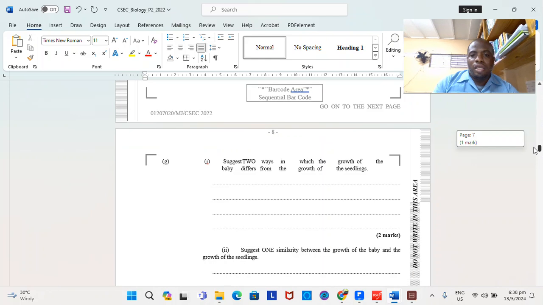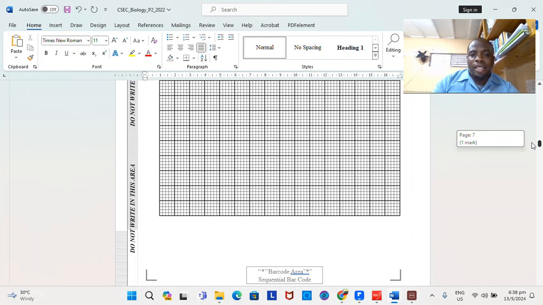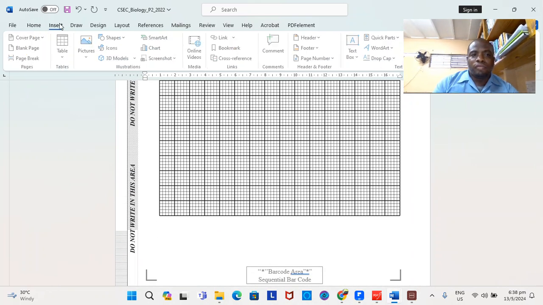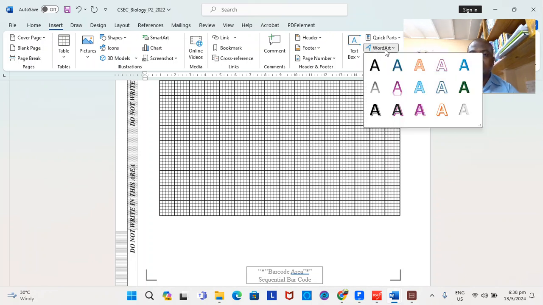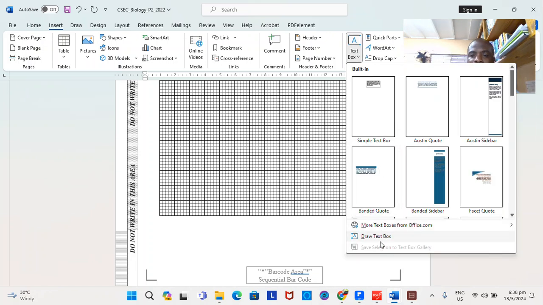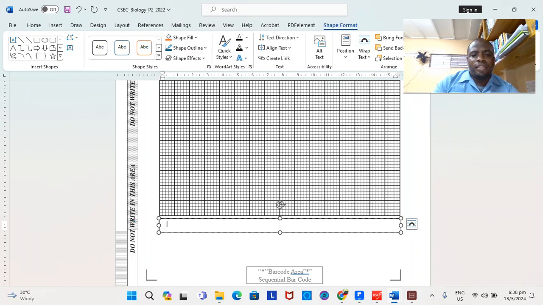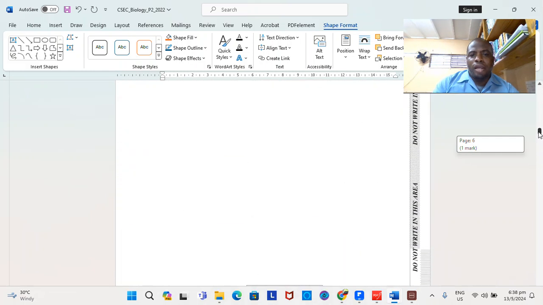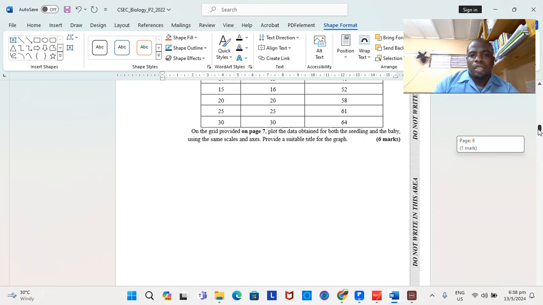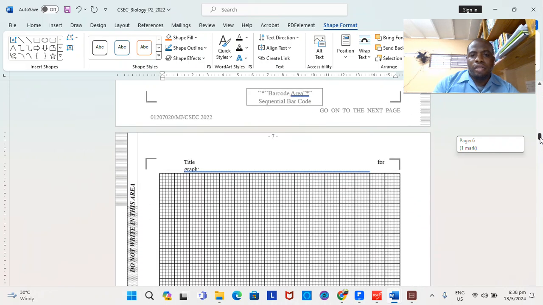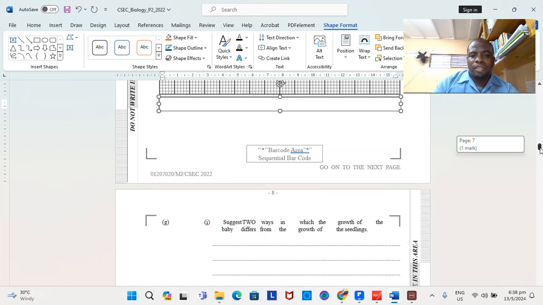Now, CXC did not provide any scale for this graph. So usually they provide the scales, sometimes, not necessarily usually, but sometimes they do provide a scale. And so we are going back. Let me see where it is, if it is here.